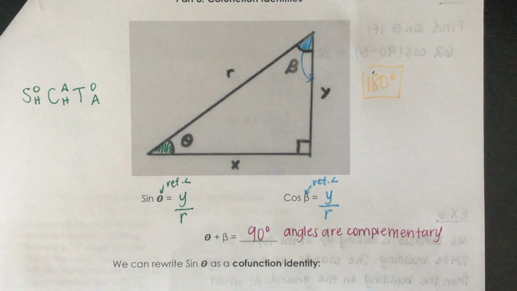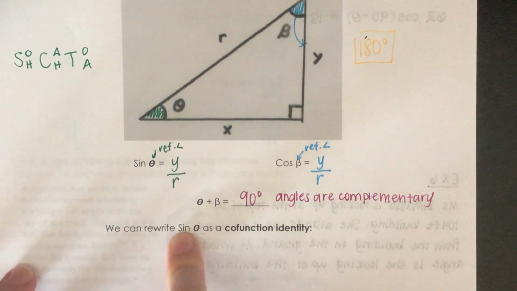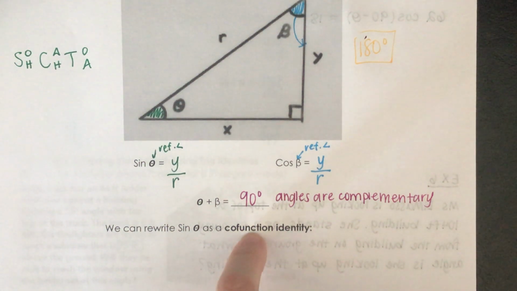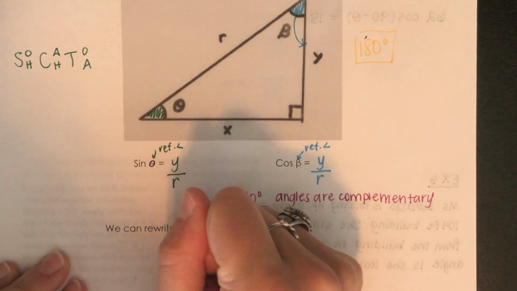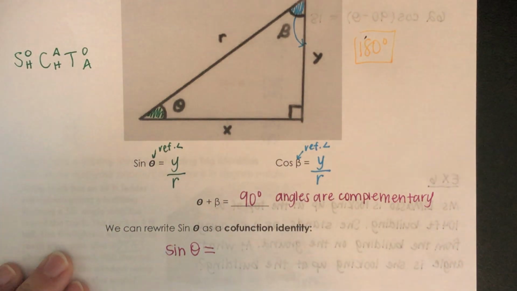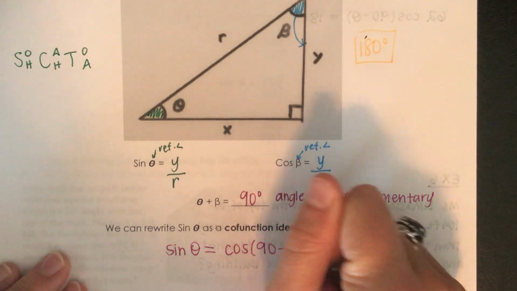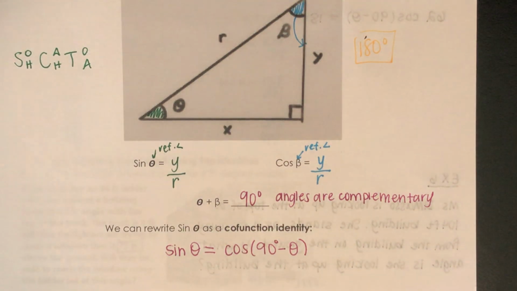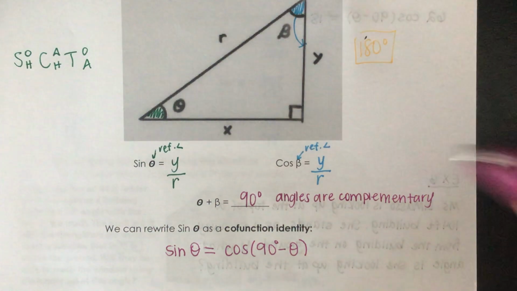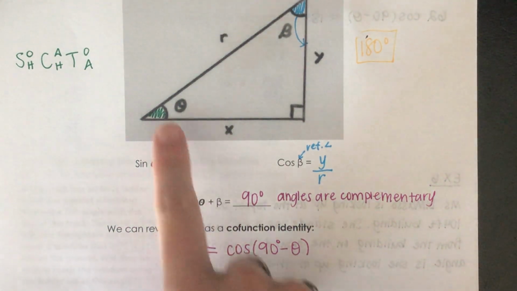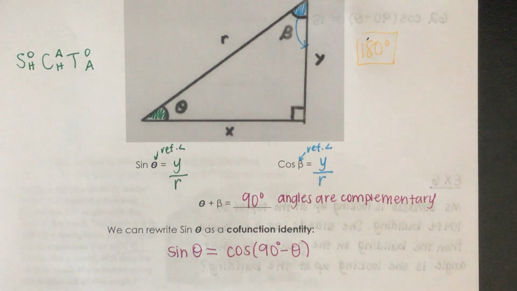Now, because they are complementary, I can rewrite sine as a cofunction of cosine. So I can say that the sine of theta is equal to the cosine of 90 degrees minus theta. The cosine is over here, y over r, and it's 90 minus whatever this degree is would be what's left over for beta, because these two are complementary.